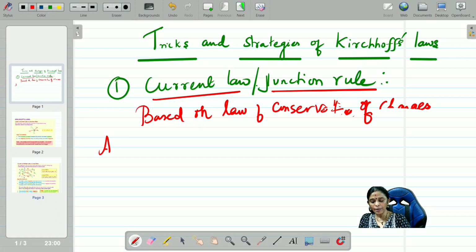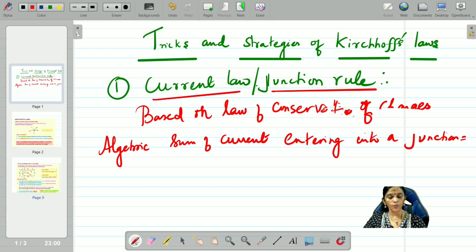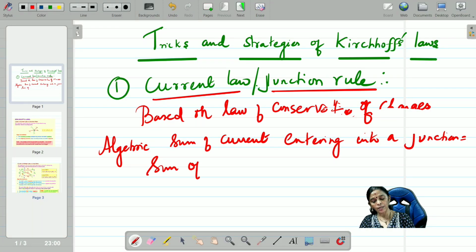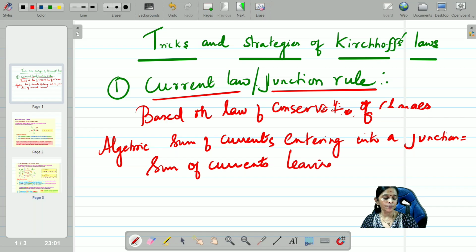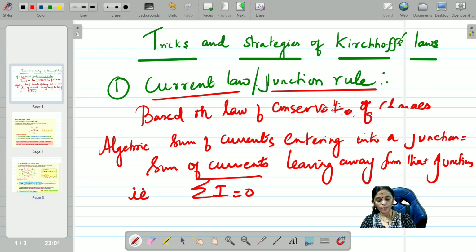Statement: the algebraic sum of the currents entering into a junction is always equal to the sum of the currents leaving away from that junction. So that is equal to sigma I is equal to 0.